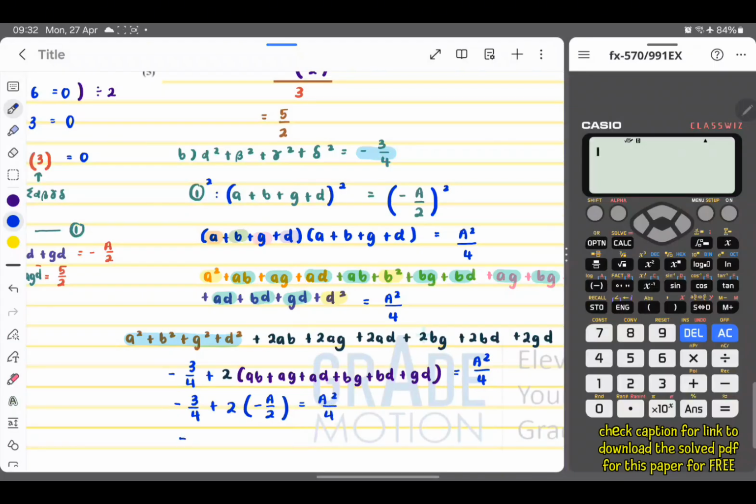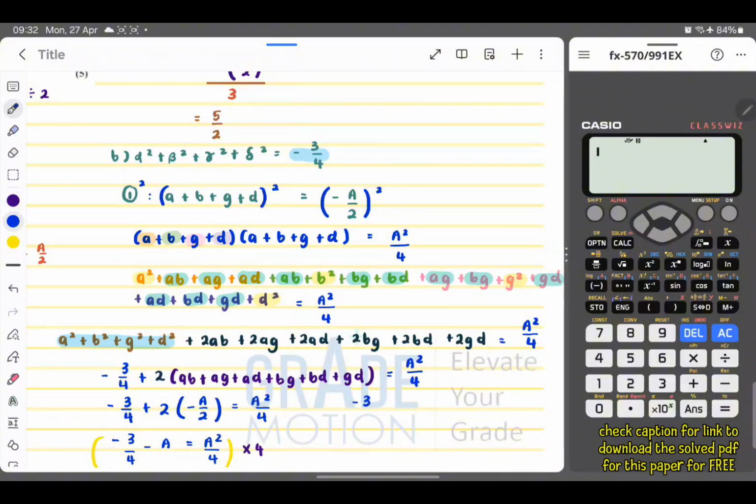So I will have negative 3 over 4 minus A equals A squared over 4. Multiply this equation by 4 and I will get negative 3 minus 4A equal to A squared. Rearrange this, we will get A squared plus 4A plus 3 equal to 0.